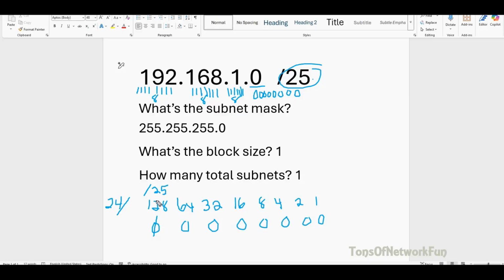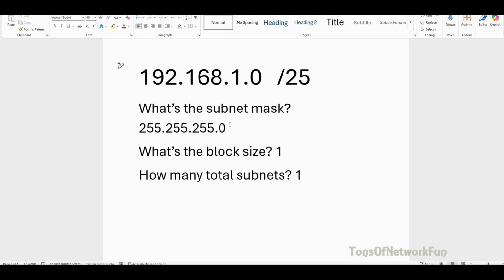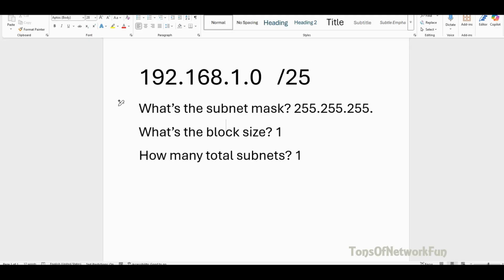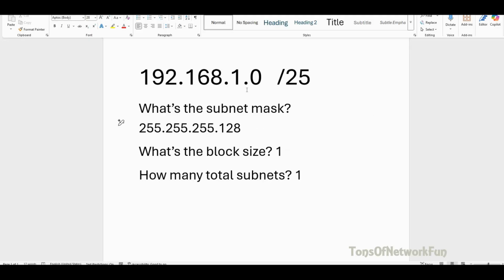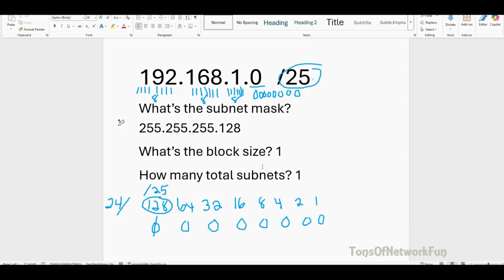Now what's the value? 128. That's the block size. Subnet mask is 128, right? How 128? Again, 1 bit borrowed, 24 plus 1 is slash 25. What's the value? 128.